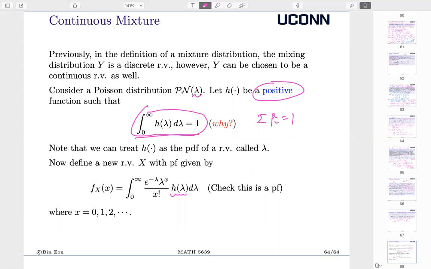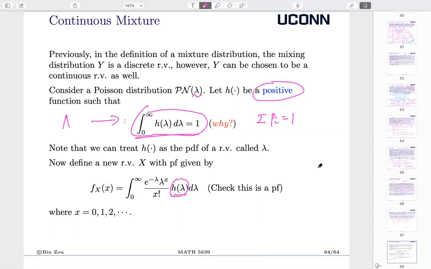So let's say it's more likely to be small values, less likely to be big values. Then you can assign bigger value for this h function when lambda is small, and assign small values when lambda is big, right? So this is how you mix it. Essentially, it's the same idea as conditioning, right? So here you can think lambda is another random variable, and then lambda follows this distribution.